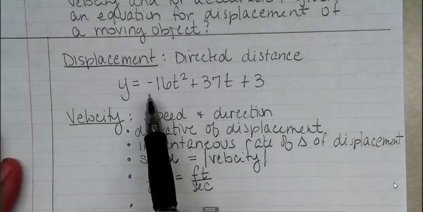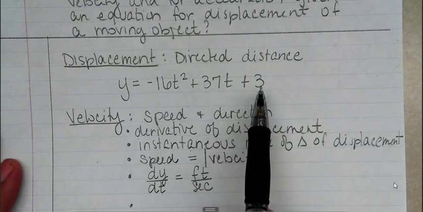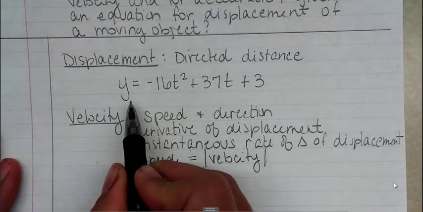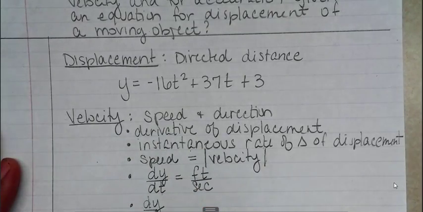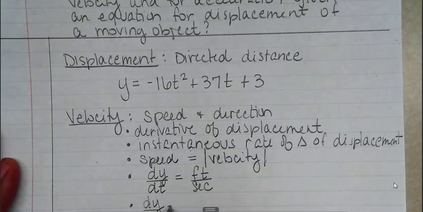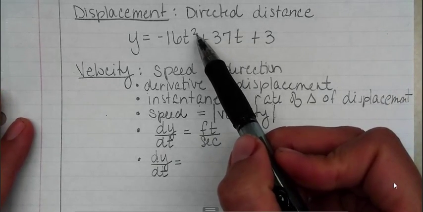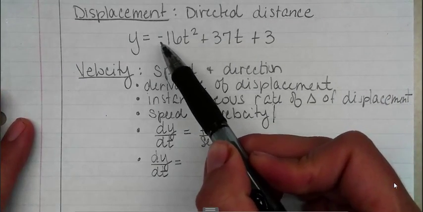So if I wanted to take the derivative of the displacement function y with respect to time, how's that going to work? I'm basically going to use my power rule, right? So I'm going to bring down that 2.